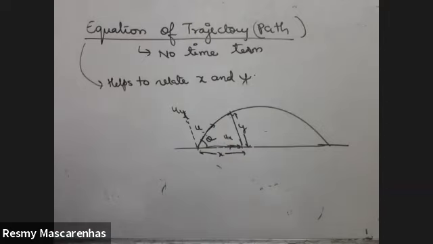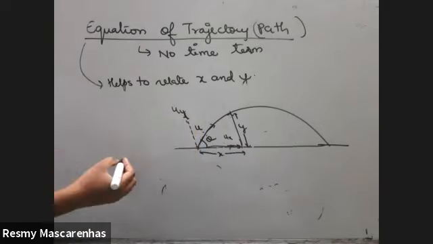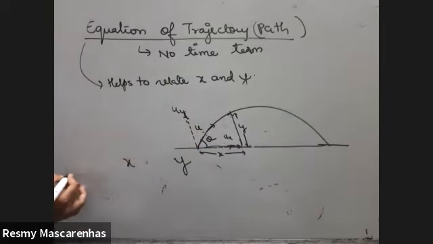So let me calculate the equation. Now first we'll write the x component and the y component. We'll write only in terms of u, acceleration and time, x and y. First we'll write what is my initial velocity.